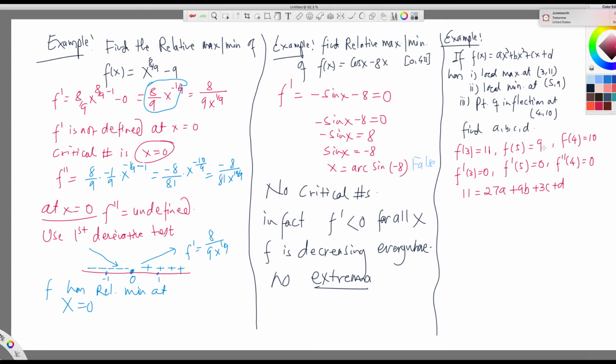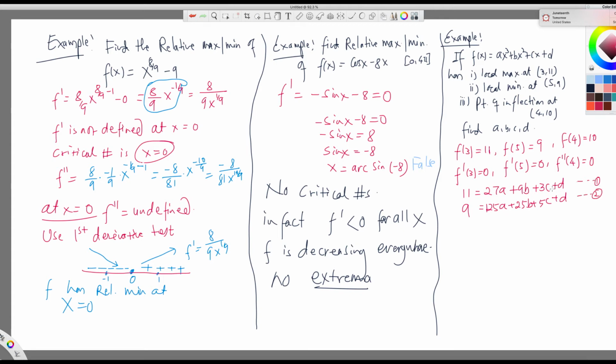And f of 5 equals to 9 implies 9 equals to 125a plus 25b plus 5c, see, I'm just plugging in x equals to 5, right? And then plus d. That's what I get. Let's say this is equation 1. This is equation 2. Okay.